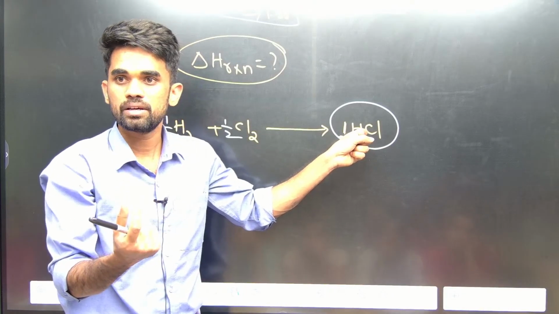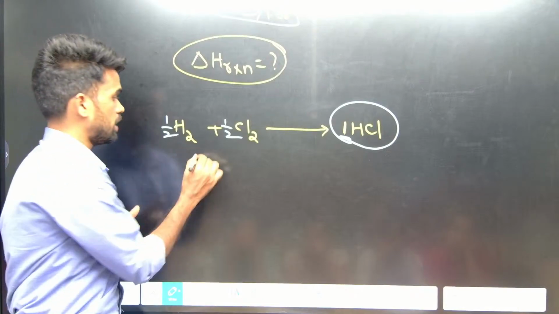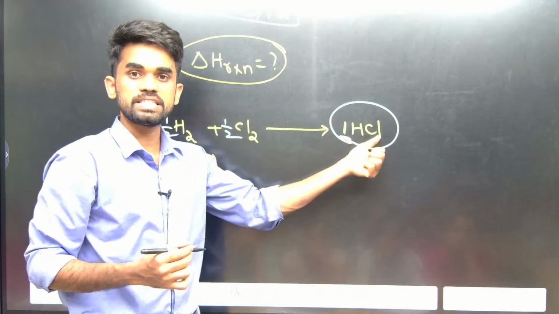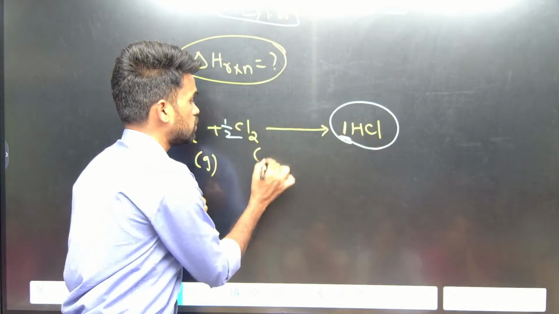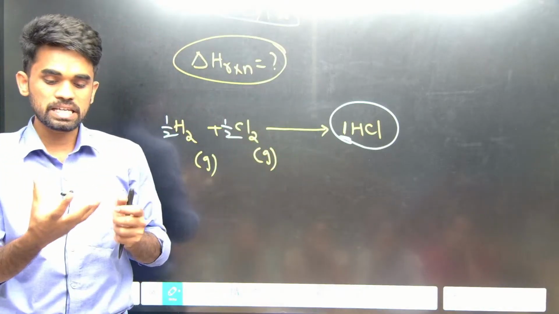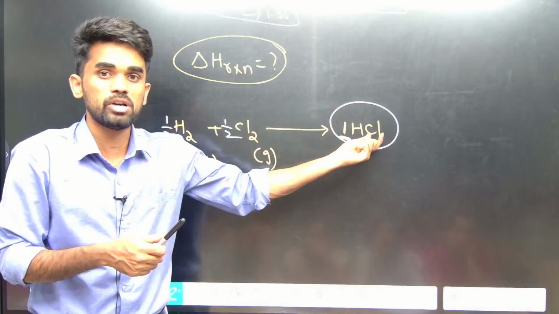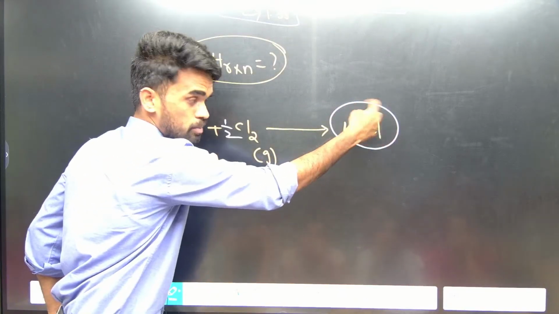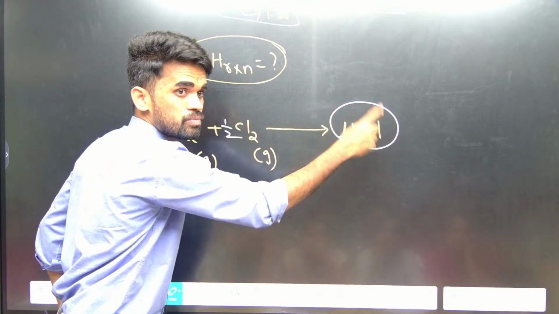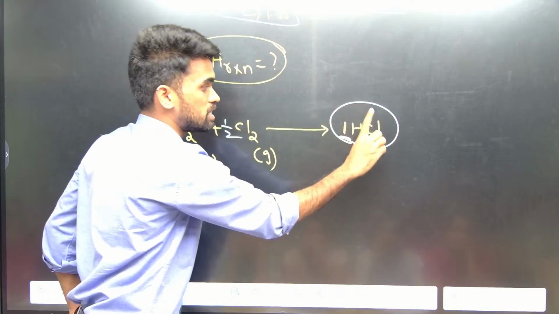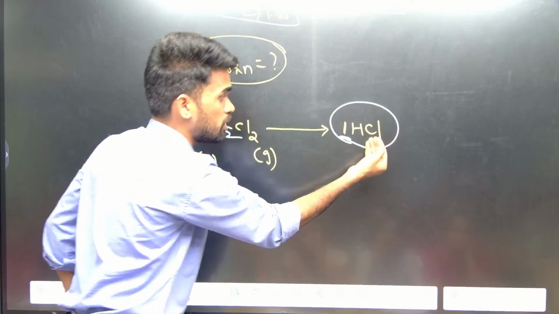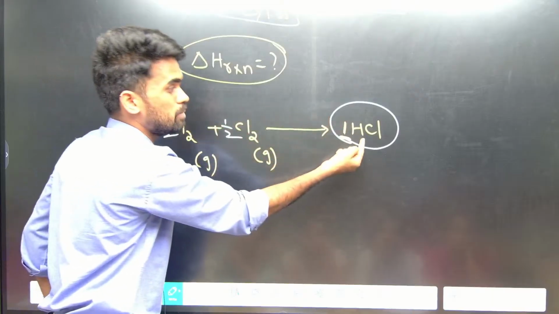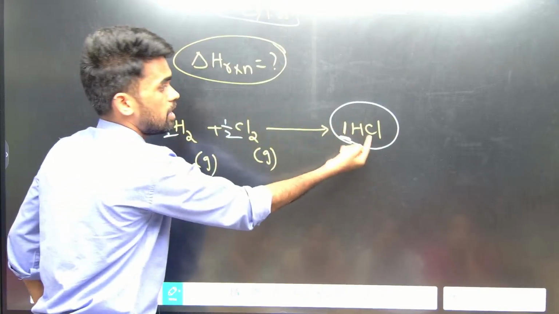H2 gas. And what about Cl? Cl2 gas. So when I say enthalpy of formation of a product, it means that product is formed on this side. How many moles should it be? 1 mole. So 1 mole of that substance is formed from its elements. What are the elements here? Hydrogen and chlorine.